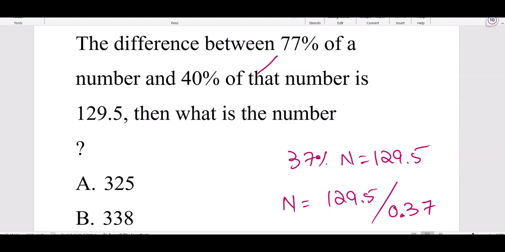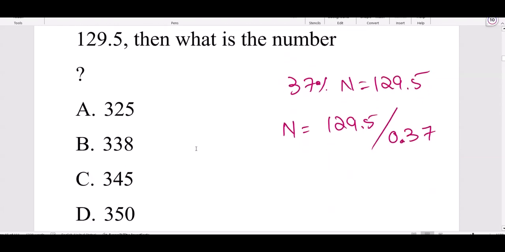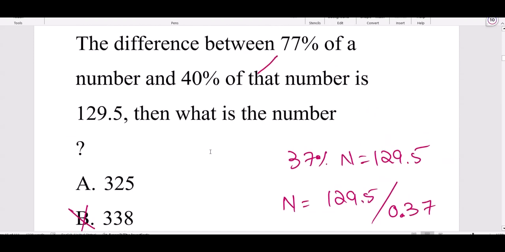You can use the virtual calculator and solve it, or else you can do normal division. And definitely, here also see the fun. I am eliminating two options directly. Are you understanding why 37% first of all? Why 37? 77% and 40% difference means 37% of n should be equal to 129.5.